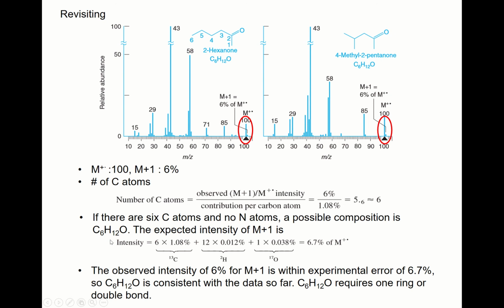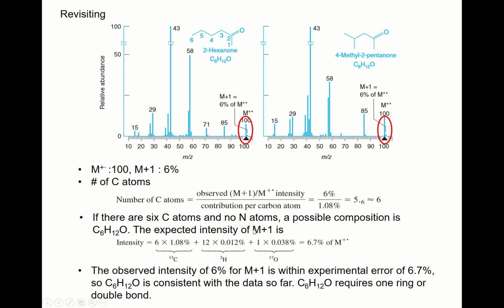You may ask, professor, is this the only composition that gives molecular mass 100? Maybe not, we have all kinds of possibilities, but this is a very strong candidate: 6 carbons, 12 hydrogen atoms and 1 oxygen atom.